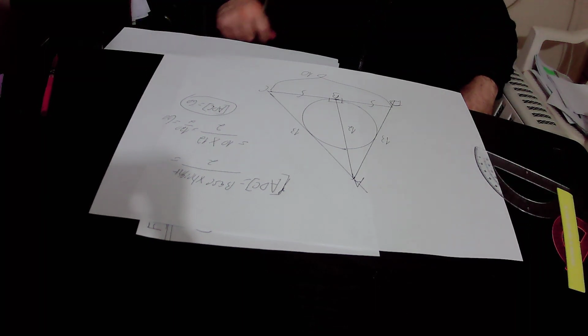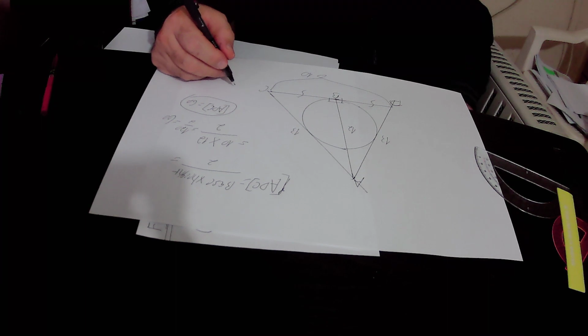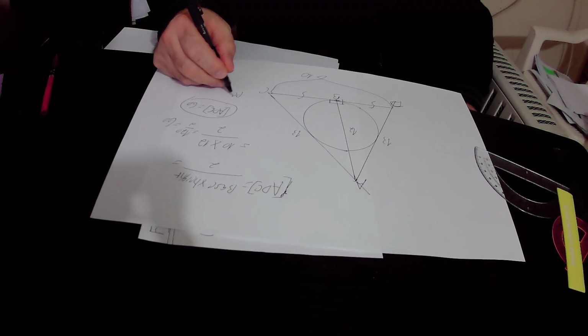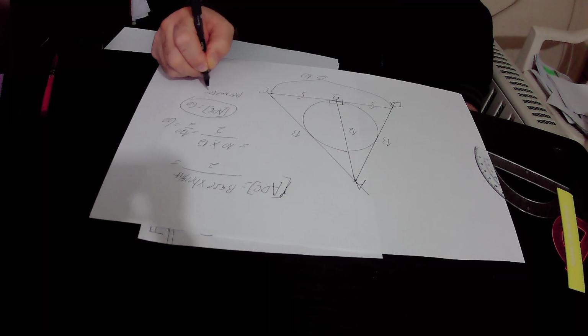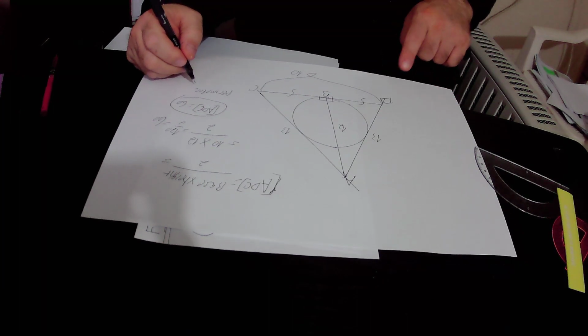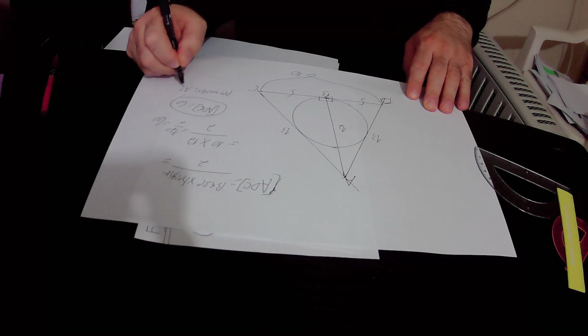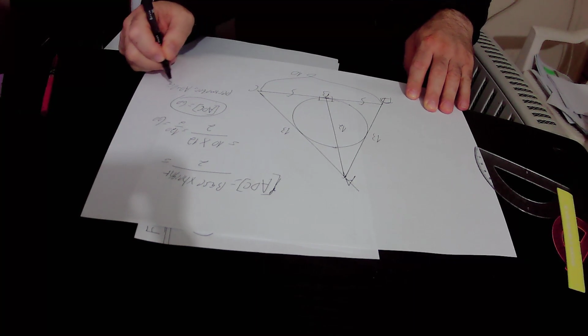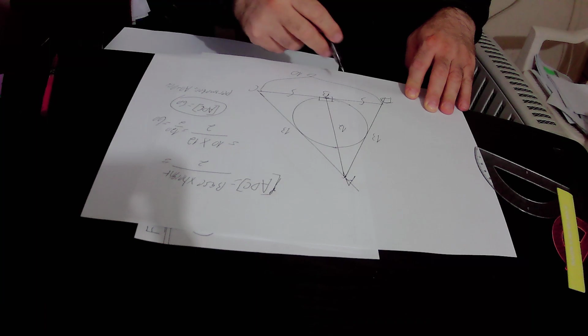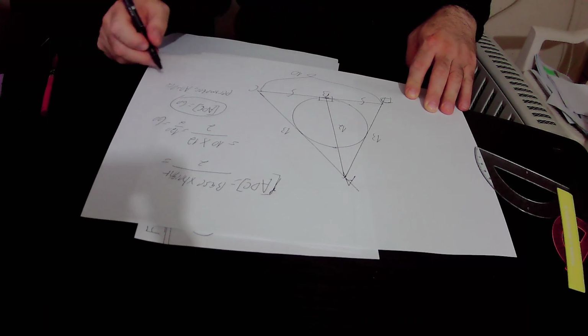and the semi-perimeter of any triangle is equal to the perimeter of the triangle over 2. The perimeter of triangle ADC is equal to AD plus DC plus AC.